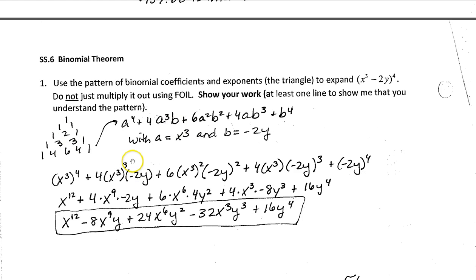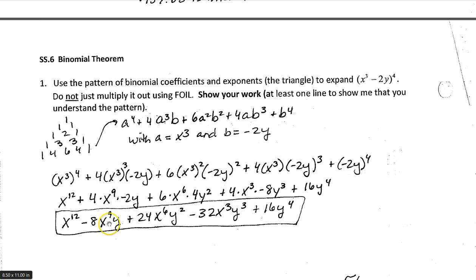So first of all, applying the exponent to everything that's in the parentheses, then multiplying it together. This one's pretty easy, it's just x to the 12th. Here it's 4 times x to the third times negative 2y. Now I don't want to leave it like that. I want to multiply the 4 times the negative 2 and get negative 8 x to the ninth y.